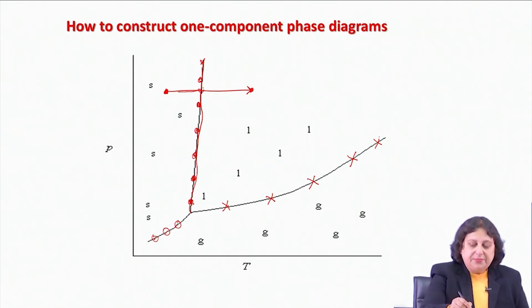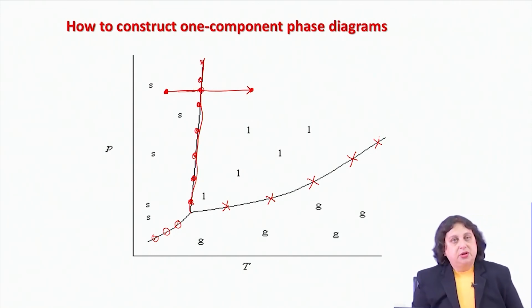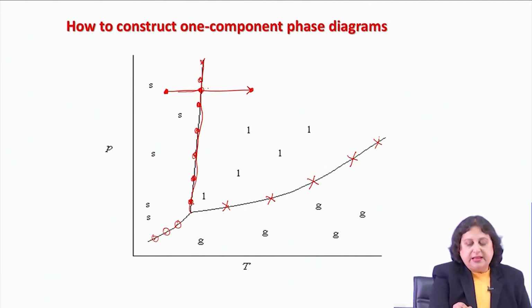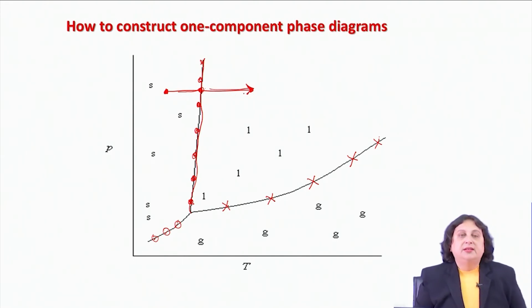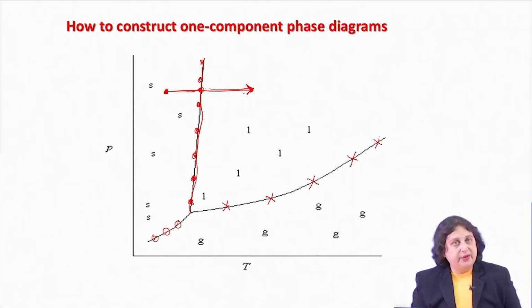When the temperature reaches this value, the liquid phase will be in equilibrium with the solid, and then when I heat it further, there will again be a single phase, which is the liquid phase, and there will be heating of the liquid.